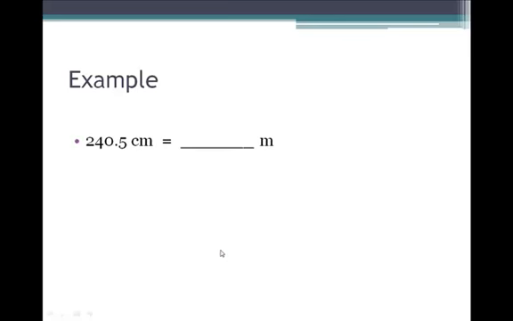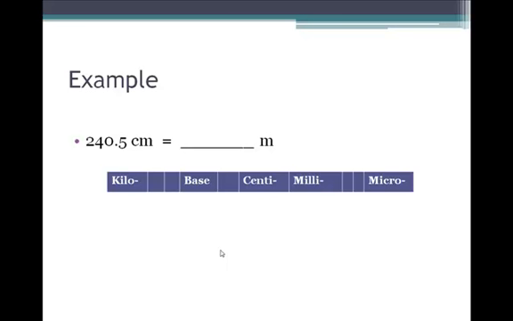Another example, we're taking 240.5 centimeters and converting that into meters. Again, looking at the base now, the centi is next to the milli, but it's 2 places away from the base, which is meters. So we're going from centimeters to meters.